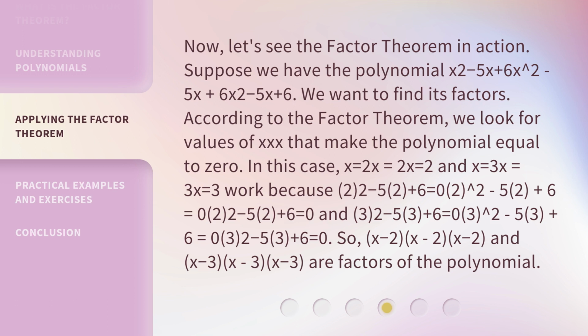2^2 minus 5(2) plus 6 equals 0, and 3^2 minus 5(3) plus 6 equals 0.